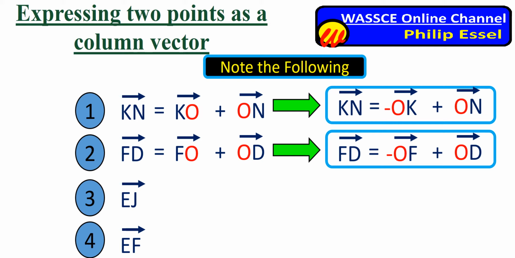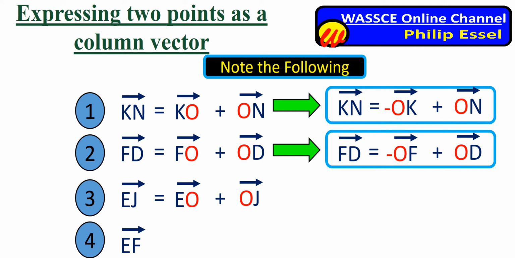For example 3, we have the vector EJ. So first we would have to move from the point E to the origin O. That movement is EO. So let's write that down. We would then continue our journey from O to the point J. So we would have to add OJ.